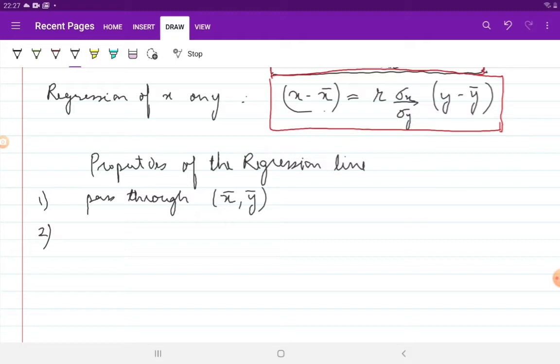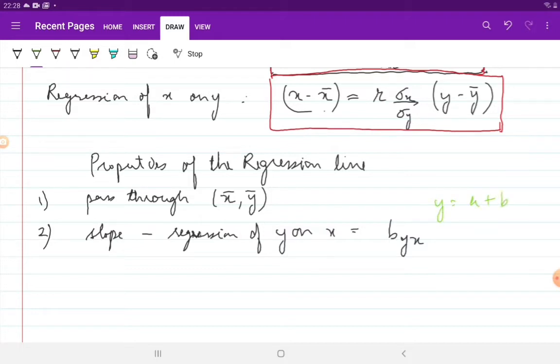Now, the slope of the regression line of y on x is byx. This is pretty obvious if you remember that the regression equation is written as y equals a plus b times x, so y equals mx plus c. The coefficient of x is always the slope.